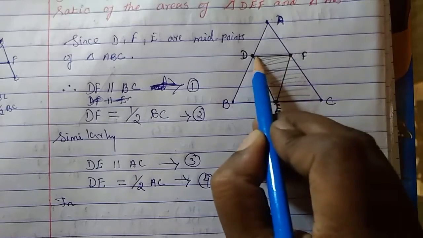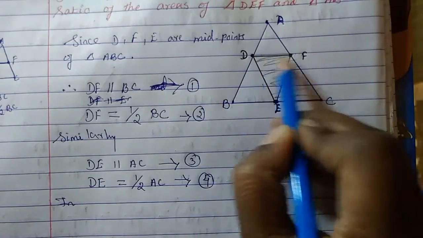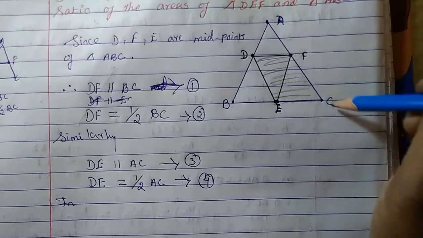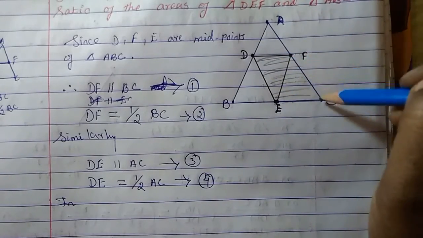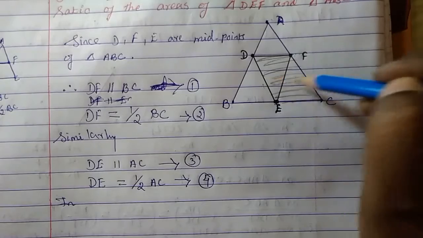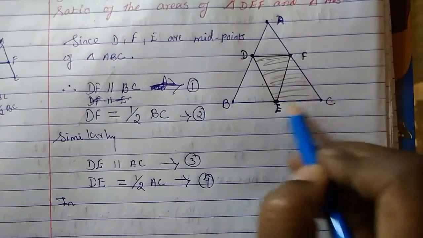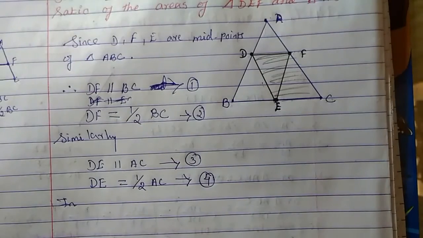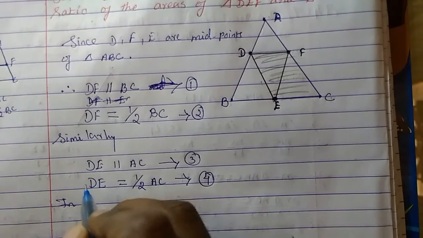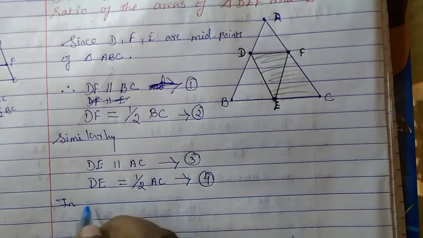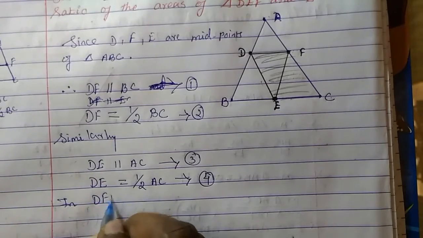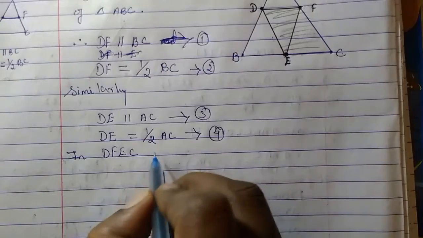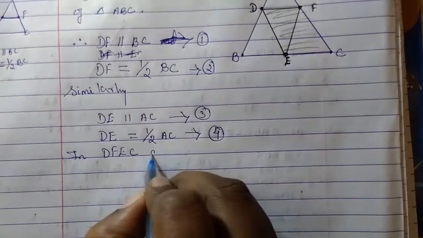So that means if DF is parallel to BC, then DF is parallel to EC, and DE is parallel to AC means DE is parallel to FC. If both pairs of sides are parallel, then we can say this is a parallelogram. So that is what we are going to put down here. In DFEC, it becomes a quadrilateral.